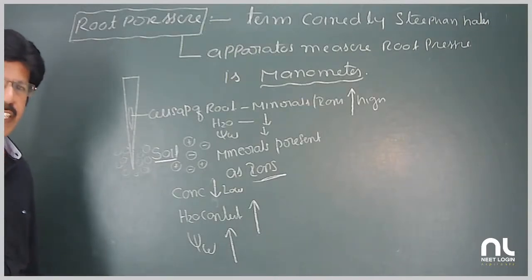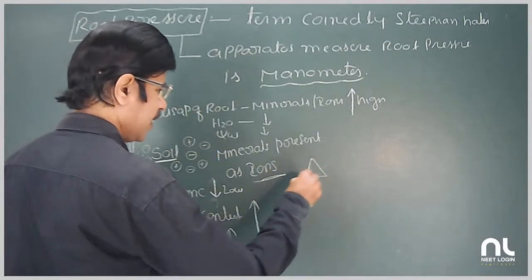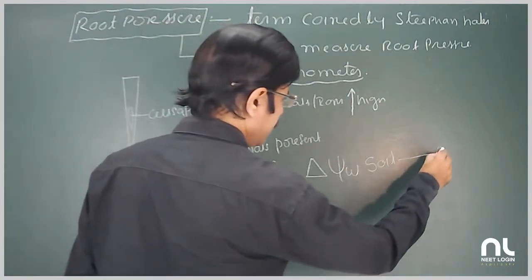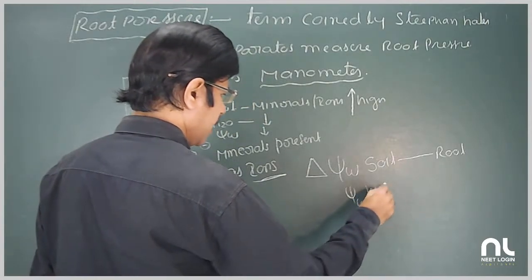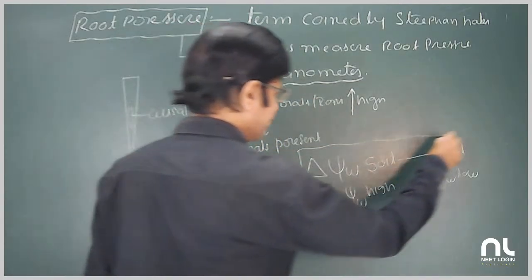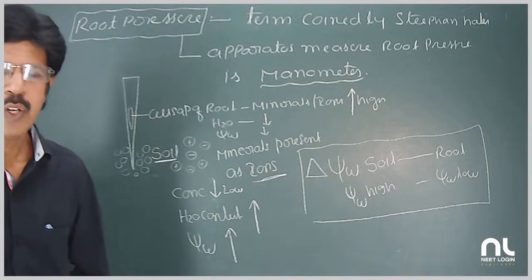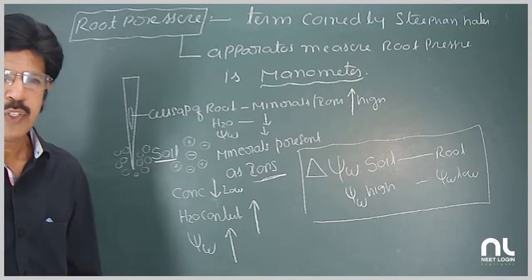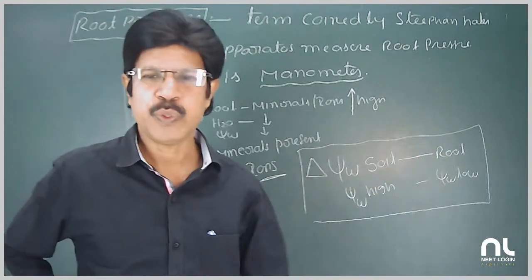So a gradient of water potential, delta psi W, is established from soil to root, from high water potential to low water potential. I hope you understood. Water always moves from higher water potential to lower water potential.